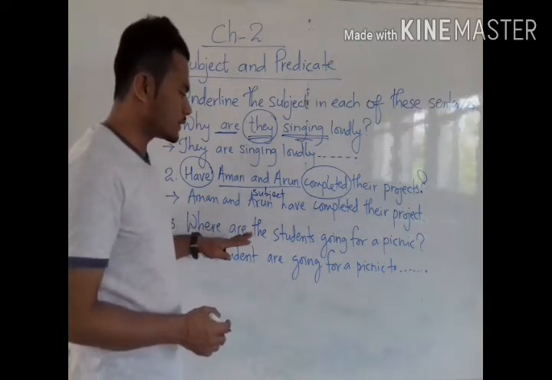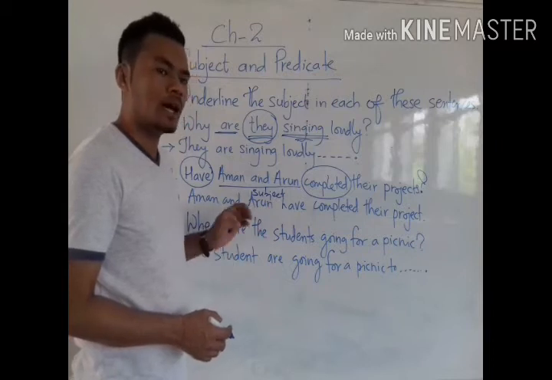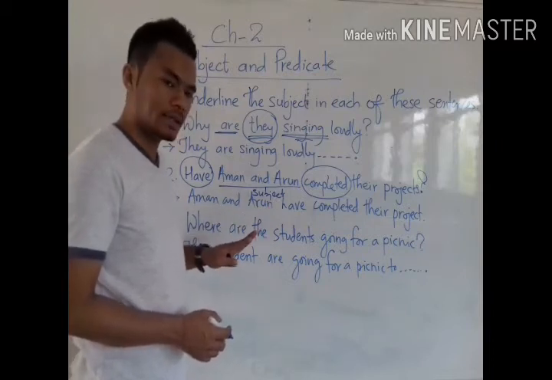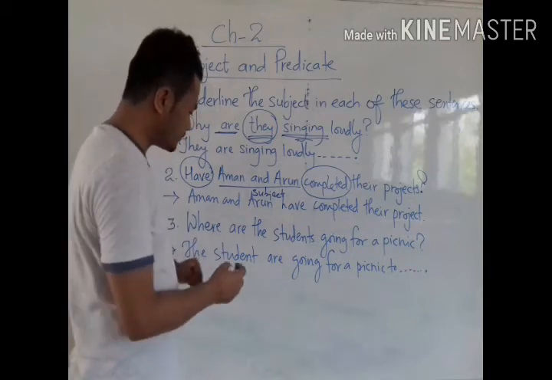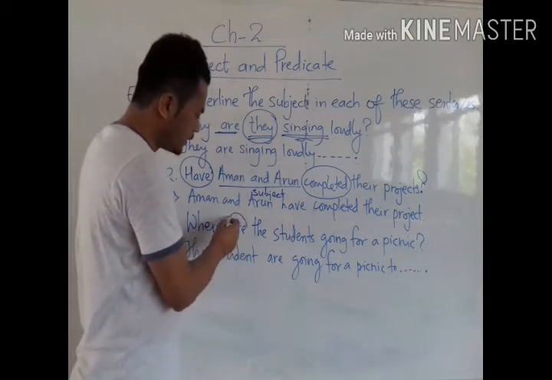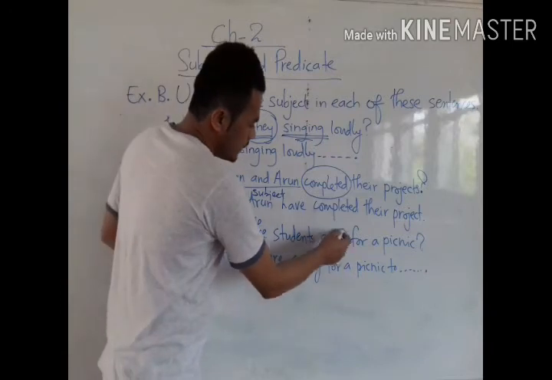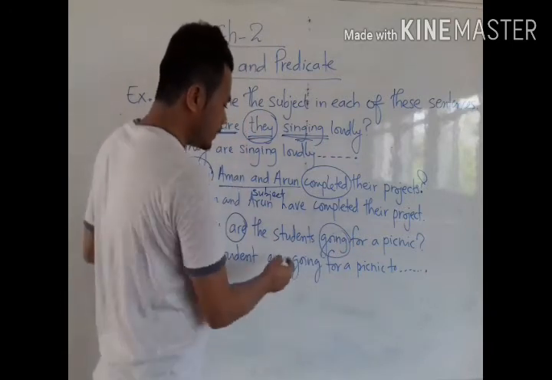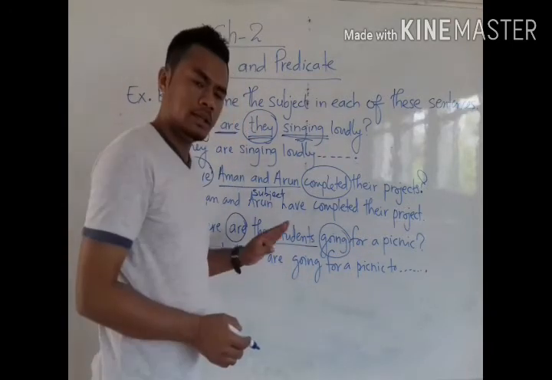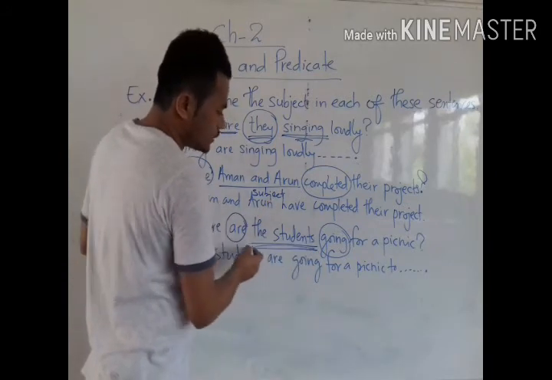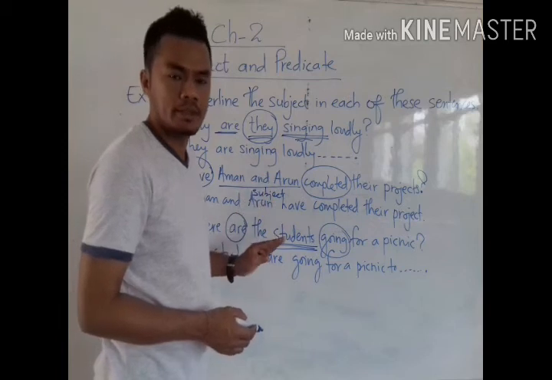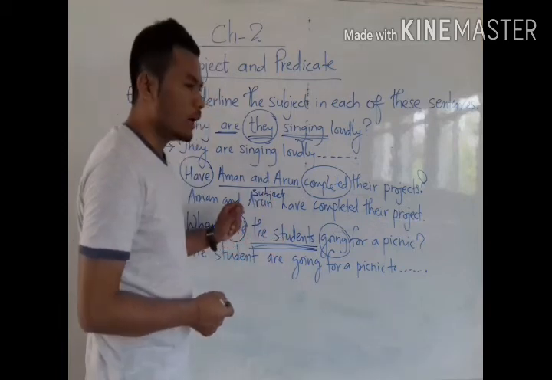Now come to question number 3. Where are the students going for a picnic? Now here also this is WH question. We will see the helping verb, main verb. So in between the helping verb and main verb we have the students. So here the students is the subject. Understood?